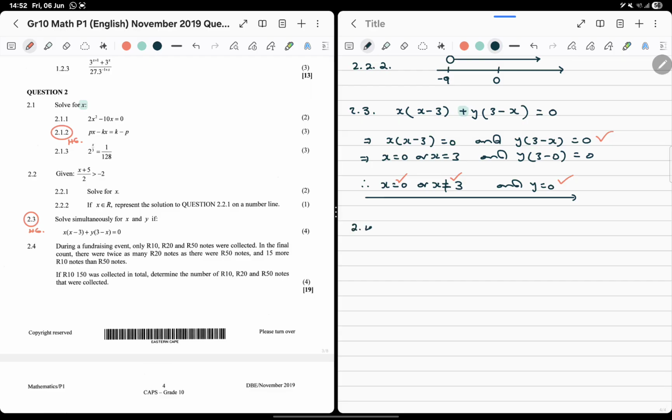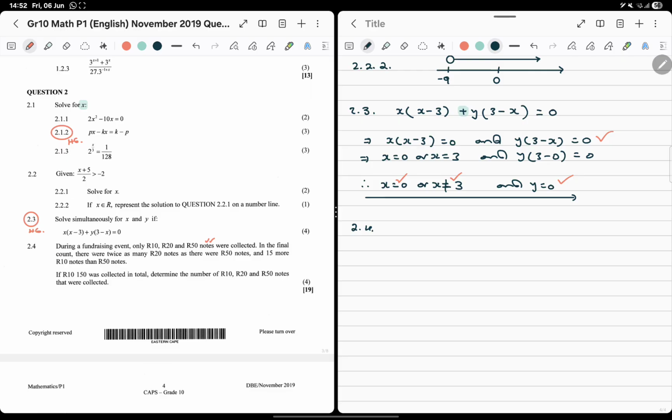So 2.4 says during a fundraising event, only 10 rands, 20 rands, and 50 rand notes were collected. Okay, right.